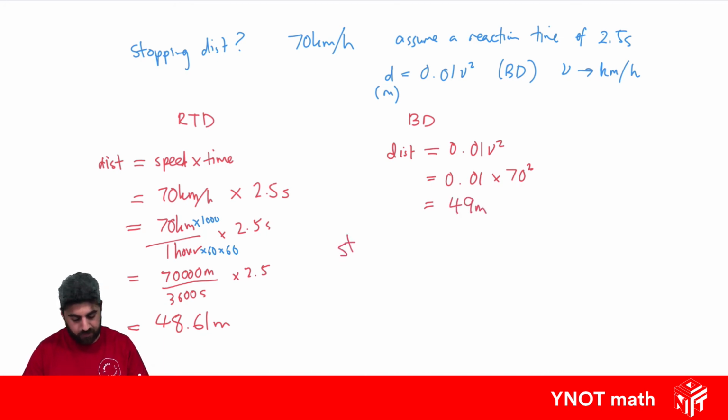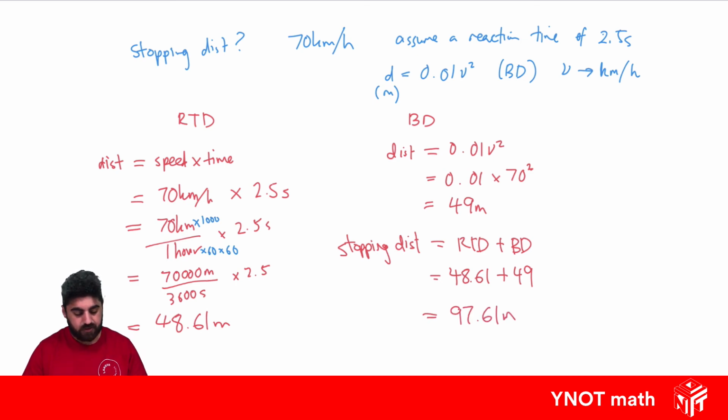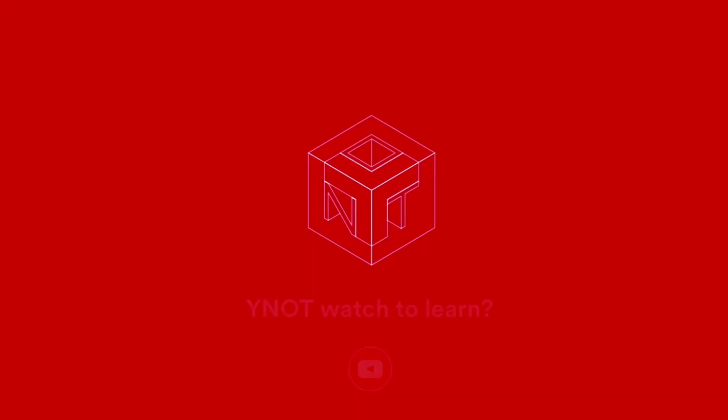Then our total stopping distance, remember, is just our reaction time distance plus our braking distance. So we get 48.61 plus 49, which is going to give us 97.61 meters, totaling to take us to stop the car.